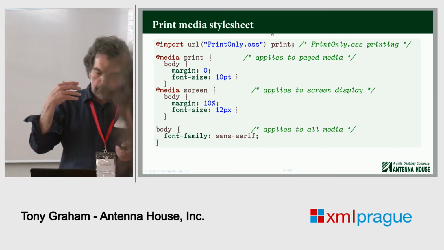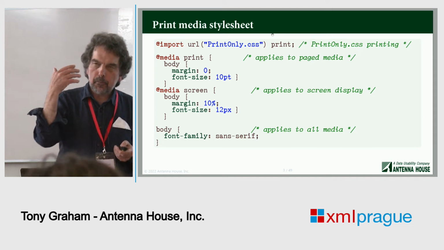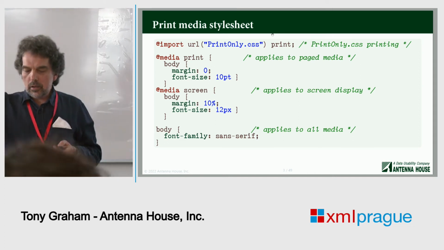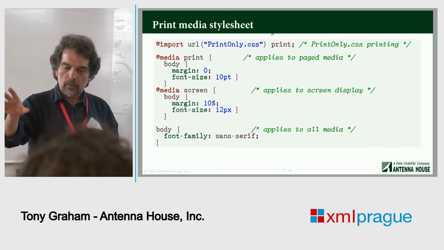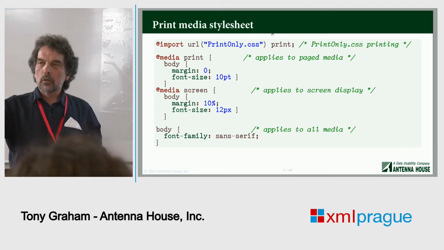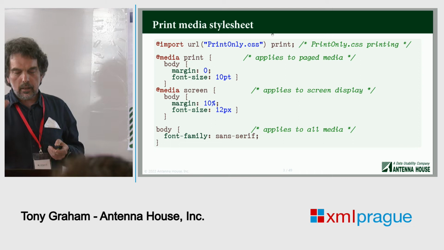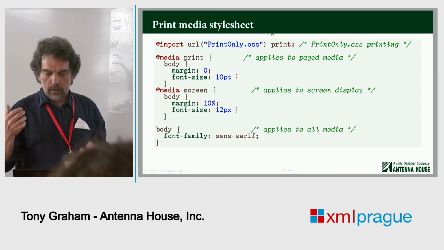What you put in your style sheet, CSS, one style sheet can import another. You can qualify the style sheet that you're importing to be only used when you're doing print media. The print qualifier at the end of the import is your media specifier.